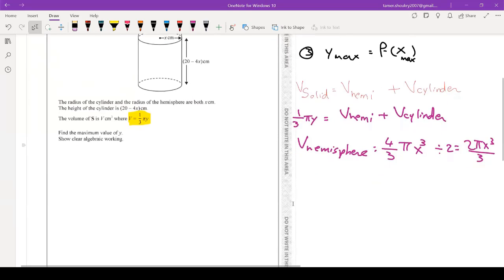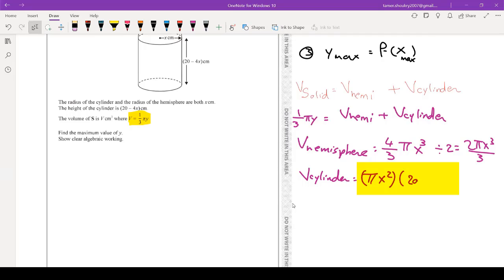Now, what is the volume of the cylinder? We all know that the volume of the cylinder is the area of the base, which is pi r squared. r is x, so it is pi x squared multiplied by the height, which is 20 minus 4x.